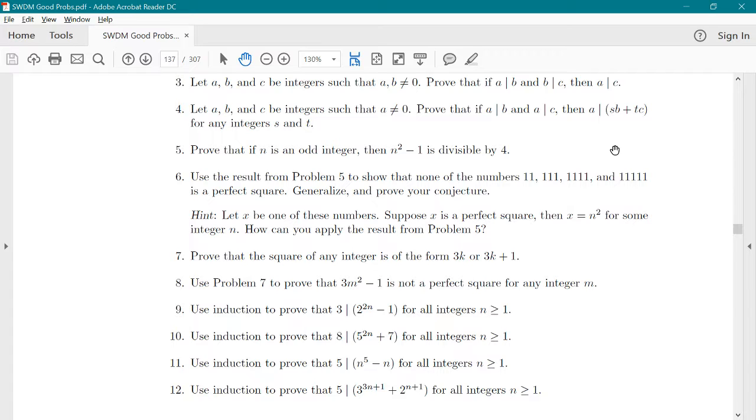So what about problem 8? I don't think I assigned that, right? So use problem 7 to prove 3m squared minus 1 is not a perfect square for any integer m.